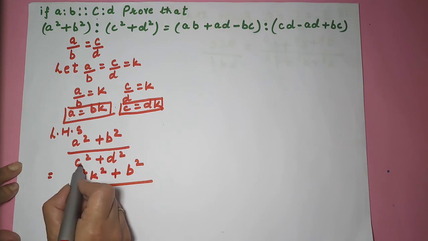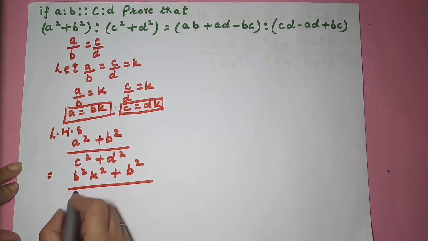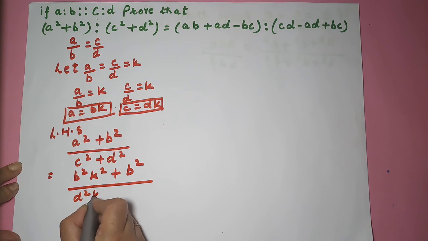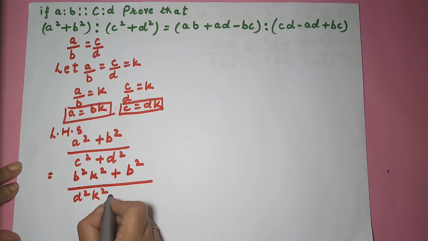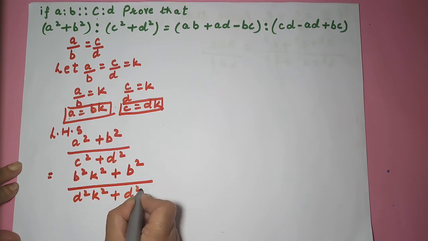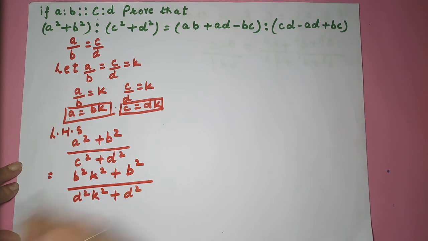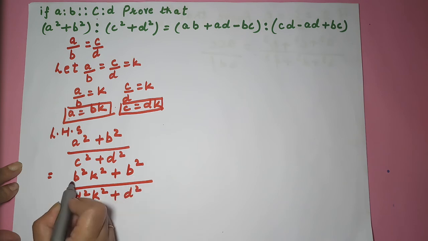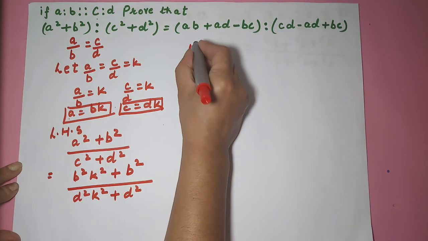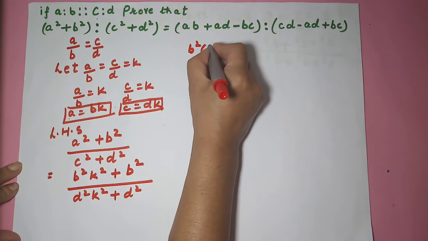So other terms I have to keep as it is in the question. Now in the denominator I have C square. What is that? D square K square, right? And then I have D square. I don't have to replace this, so it will remain as it is. Now look at this numerator. Can you take any term common? Yes, you can take B square common. What is left inside? K square plus 1.